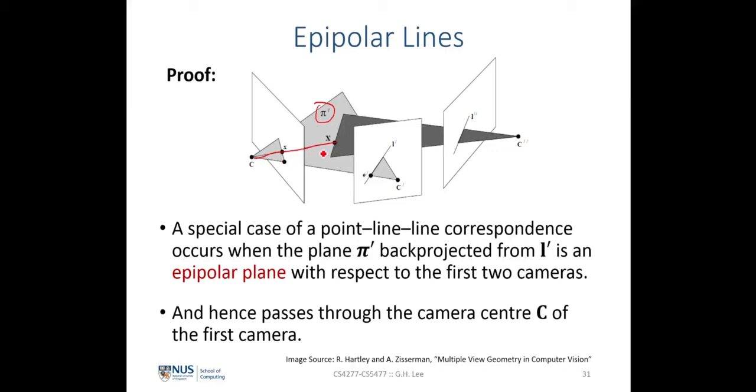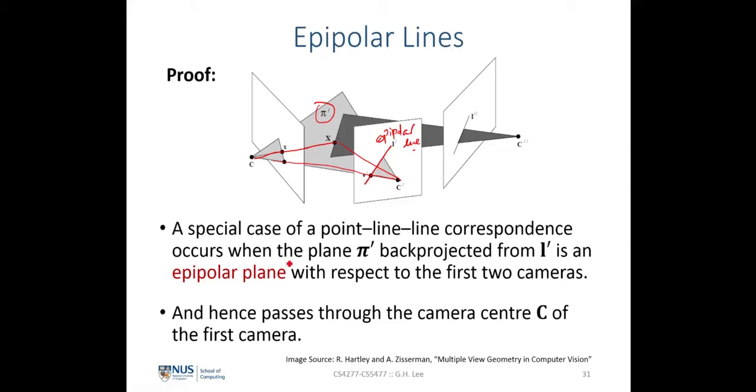So this line over here is going to back project to a plane that is seen by the second camera C' over here, and the intersection over here is going to form L'. And we learned in the lecture on the fundamental matrix that this intersection L' over here is what we call the epipolar line.